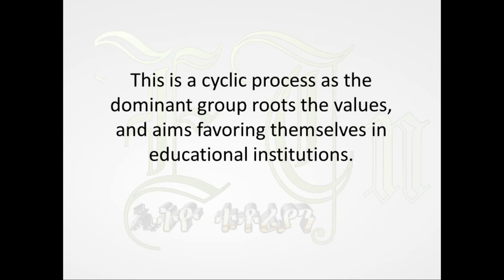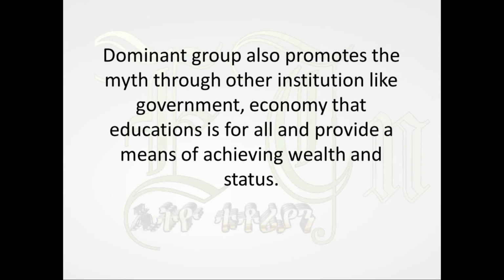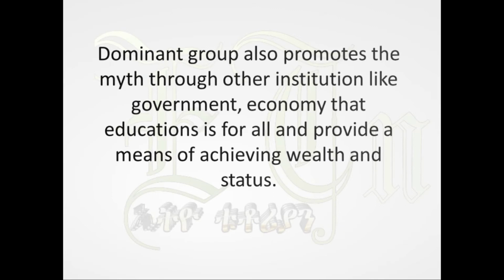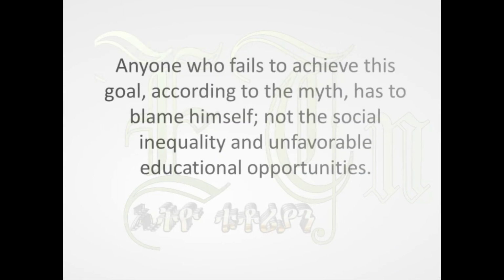This is a cyclic process as the dominant group roots the values and aims favoring themselves in educational institutions. The dominant group also promotes the myth, through other institutions like government and economy, that education is for all and provides a means of achieving wealth and status.